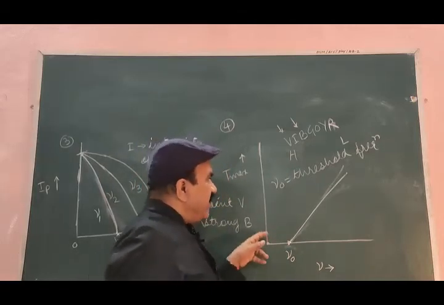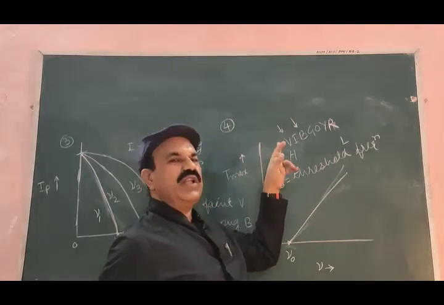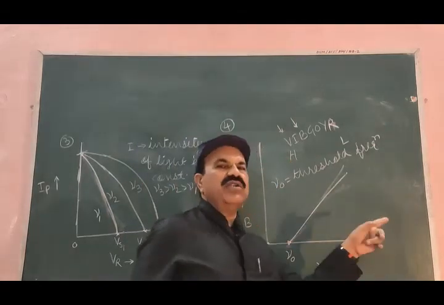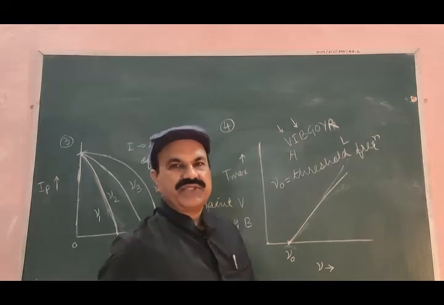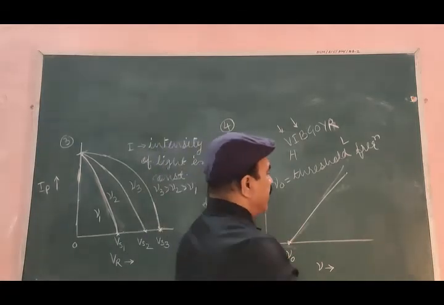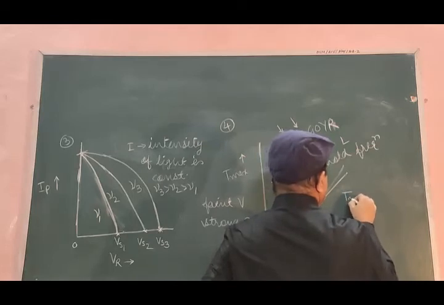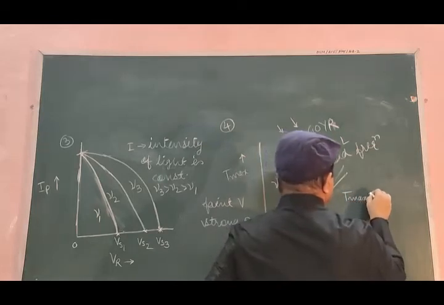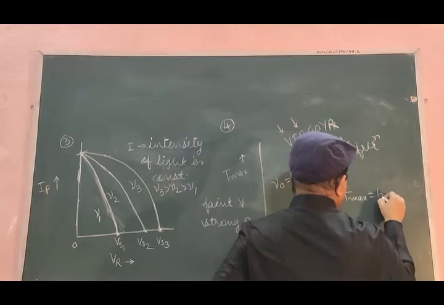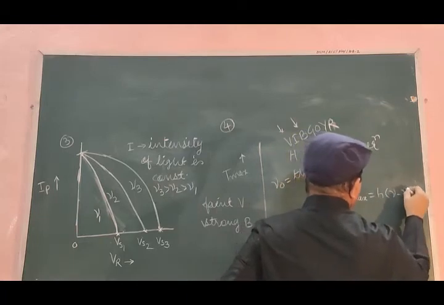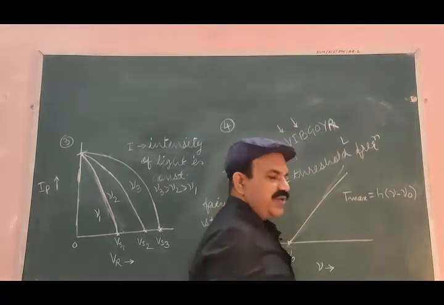Instead, it depends on the frequency of light used. From this figure, we can write one equation: T max is equal to h into nu minus nu 0.